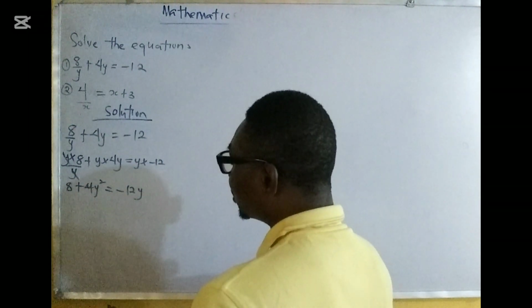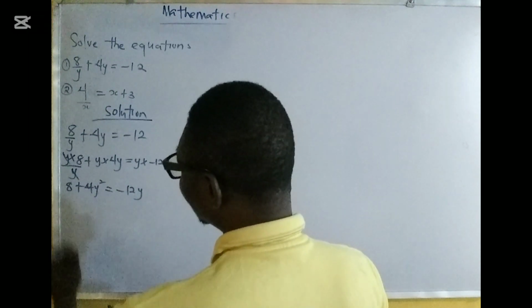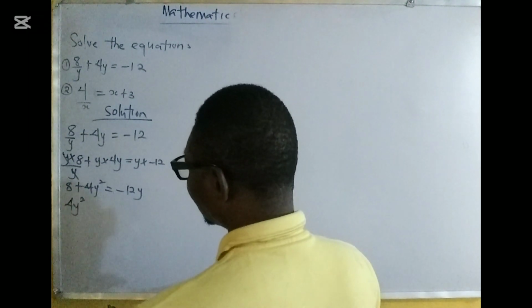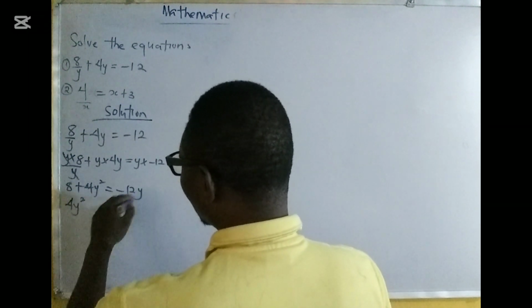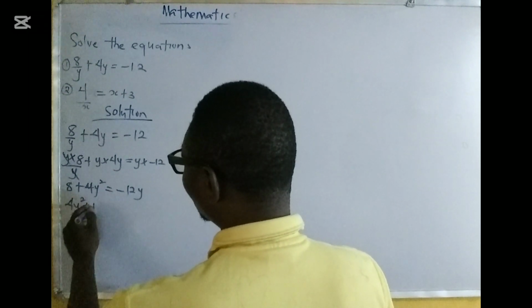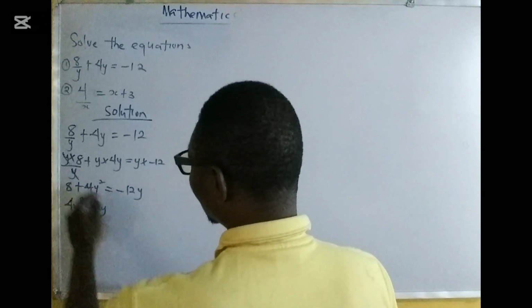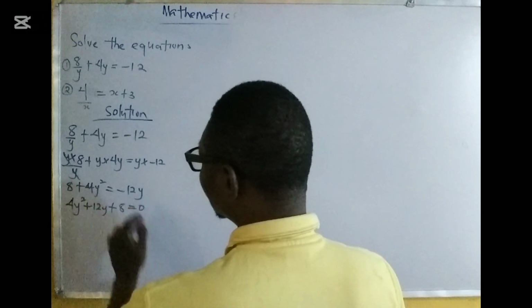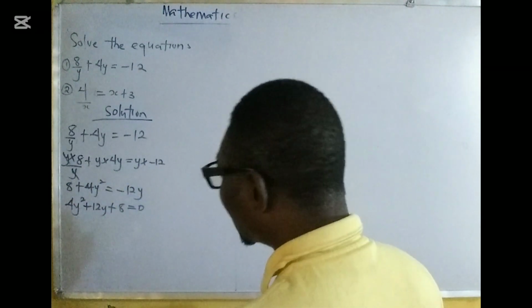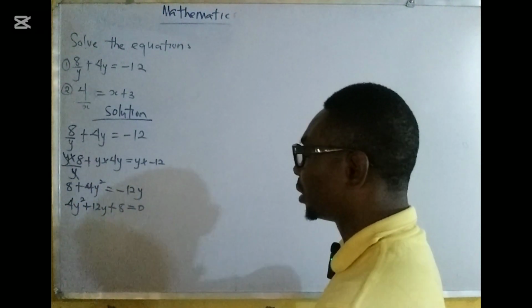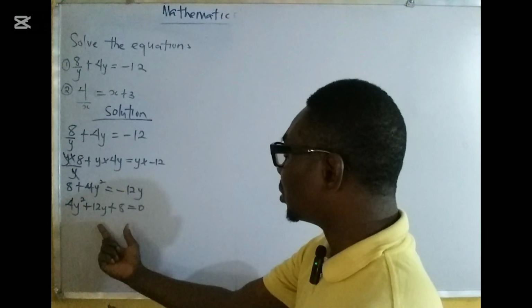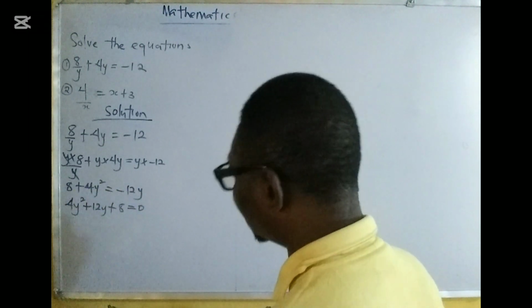So you are going to write this equation in the quadratic standard form, which is 4y squared. If I collect like terms, I have plus 12y, then plus 8 is equal to 0. At this point, you can see that it's already in the standard form of a quadratic equation.